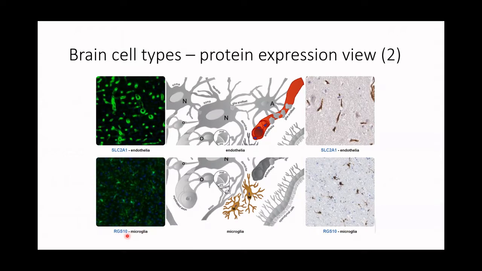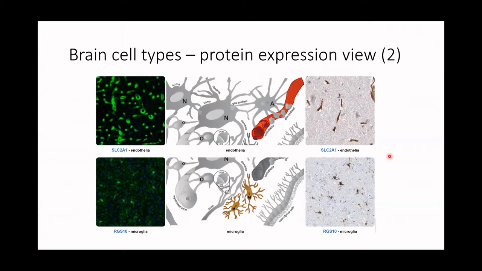So you can stain for this protein, and you can see here these little flashes of light green and these brown indications that mark these microglial cells. So this is how, like I said, seeing is believing.